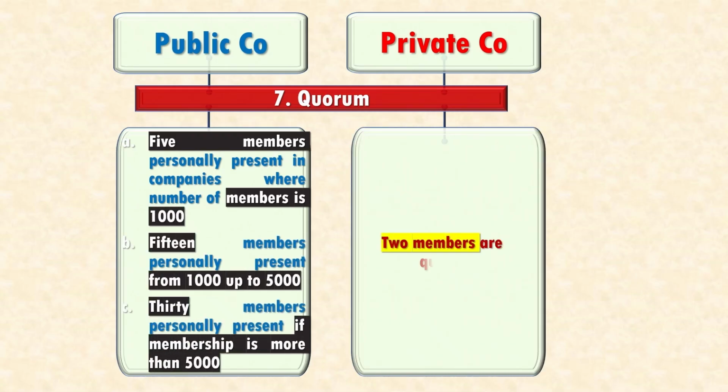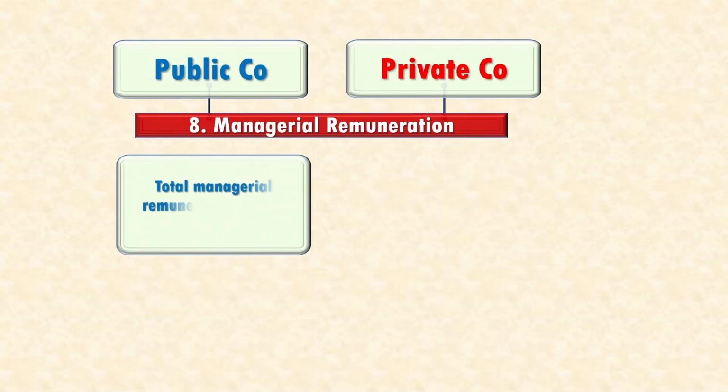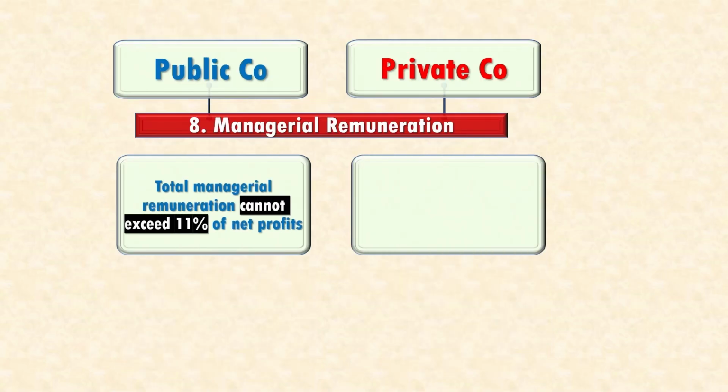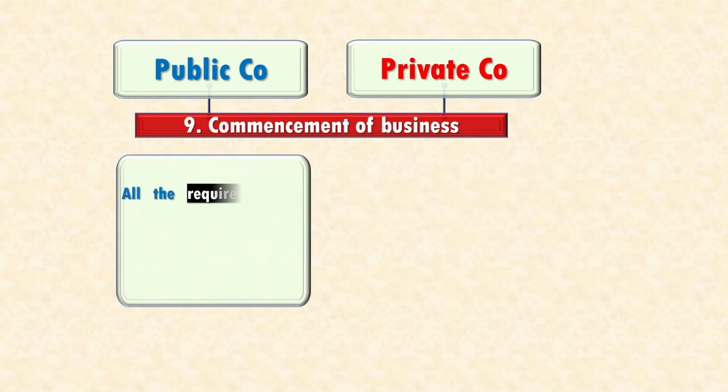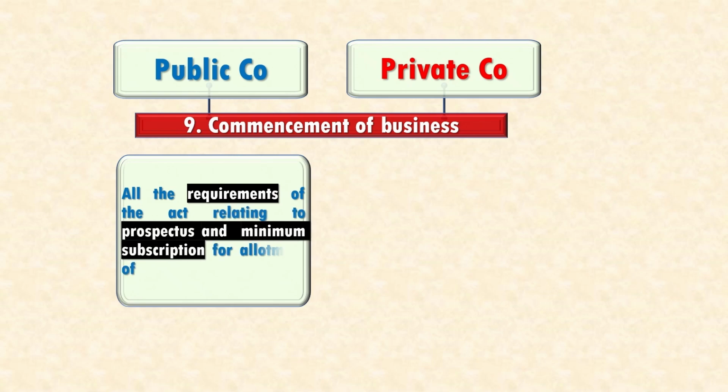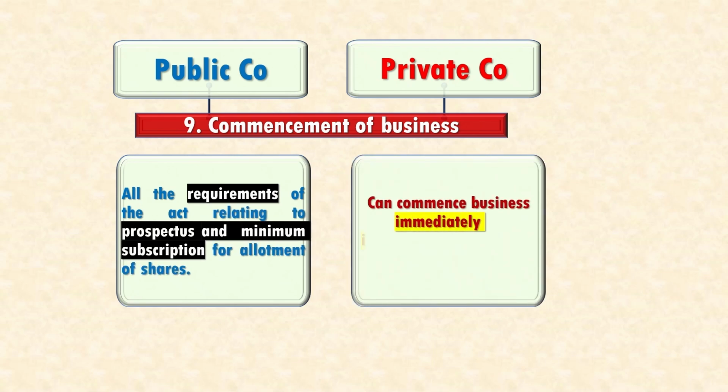In case of private, 2 members form a quorum. Managerial remuneration not to exceed 11% of profits in public, no such restriction in private. Commencement of business after minimum subscription, but in case of private, business could be started immediately on incorporation.